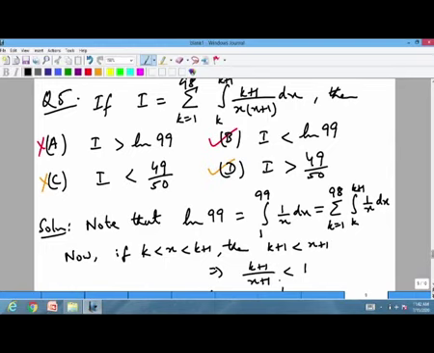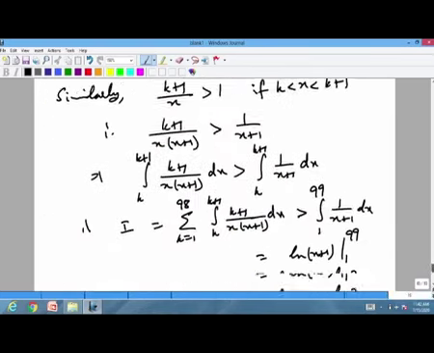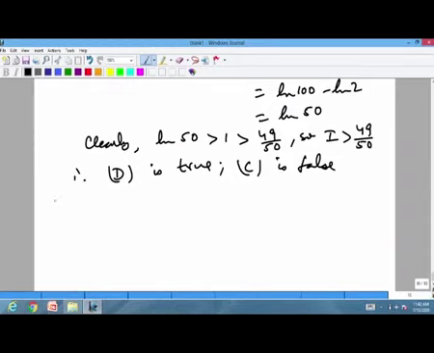So, you might wonder how to get this number 49 by 50. So, if you see, we have summation from 1 to 98. So, this 49 by 50 is nothing but 98 by 100. So, let me write here remark.